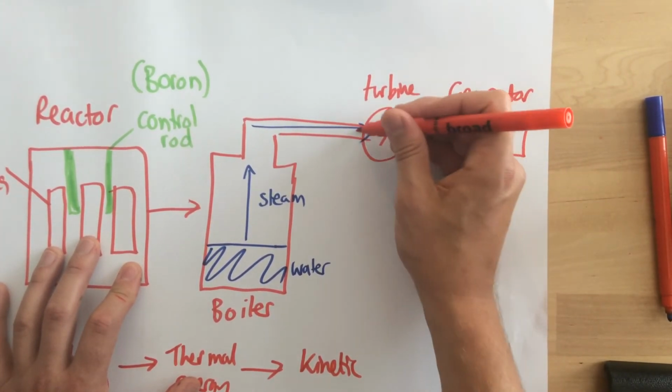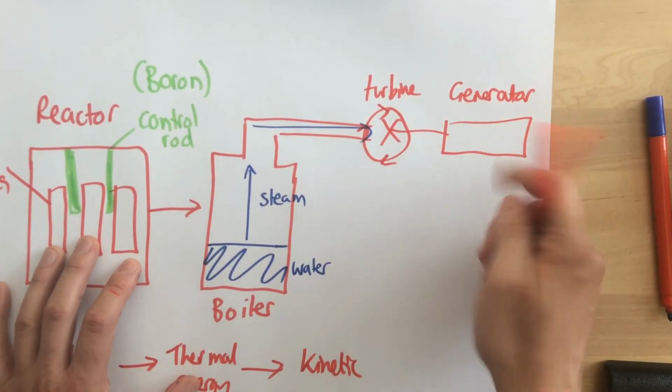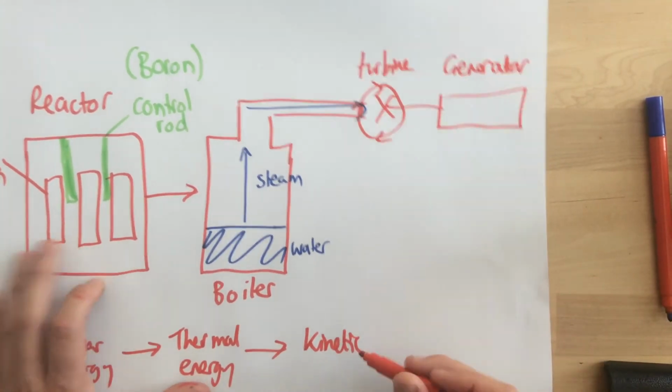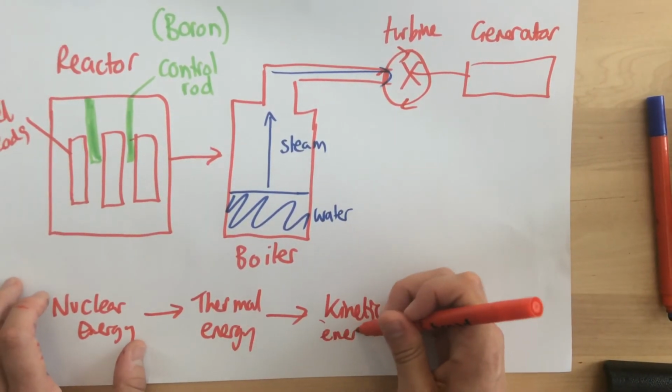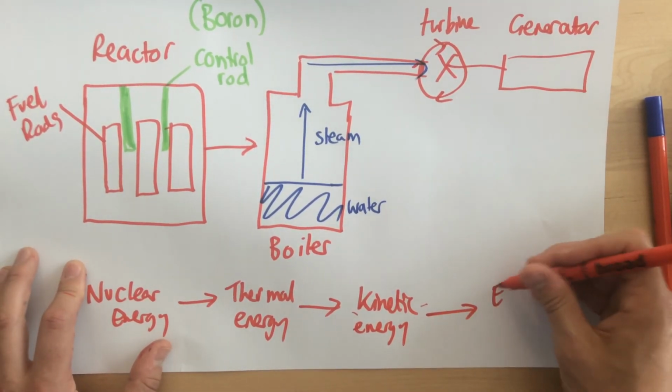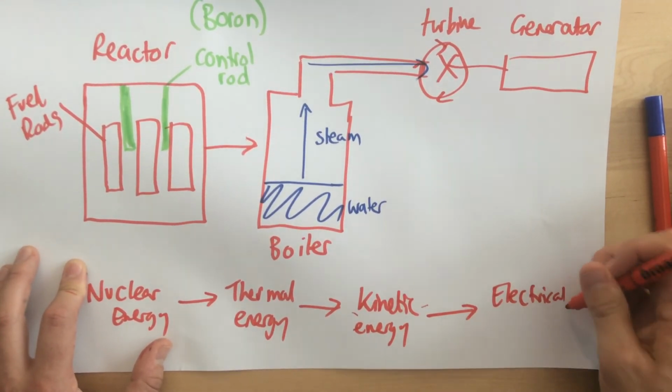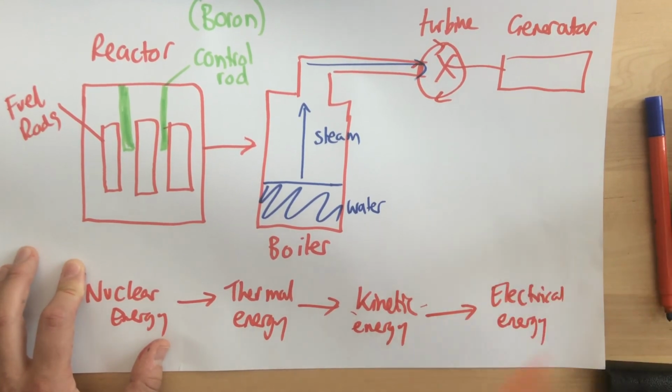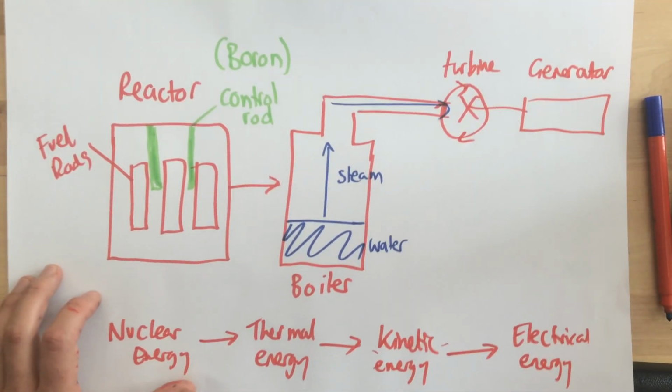The turbine spins round, and then within our generator, we have that kinetic energy being converted into electrical energy. And that is how nuclear fission works.